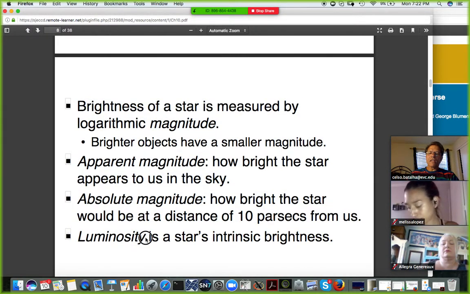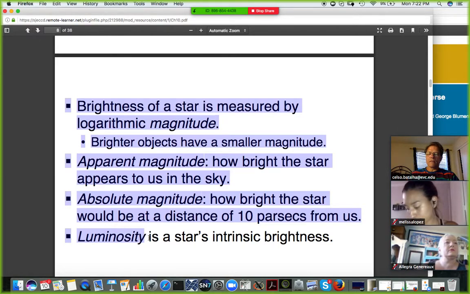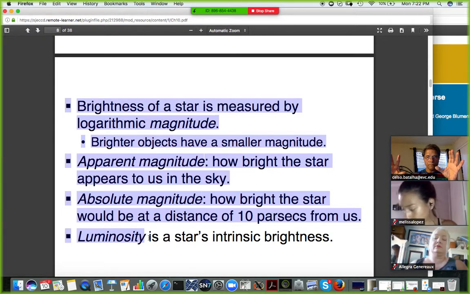So luminosity is not brightness. The luminosity of a star is a measure of the amount of energy the star itself produces and sends out to space. Some of the stars might be gigantic. Some of the stars might be very small in size.